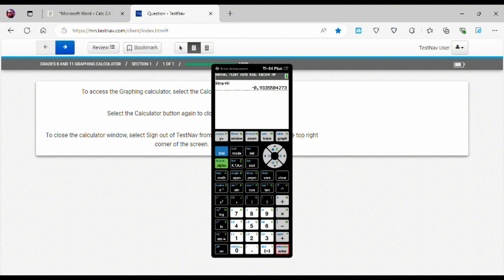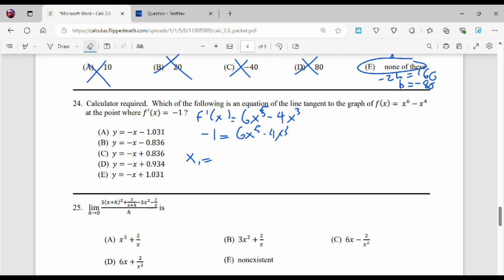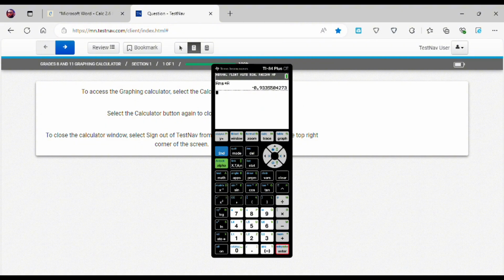Okay, that is our x value. Okay, so x1 equals, I should write it in uppercase because it's in uppercase. X1 equals alpha. Y1 is going to be equal to Y1 of alpha. So we're going to go to variables, Y variables, function, Y1.